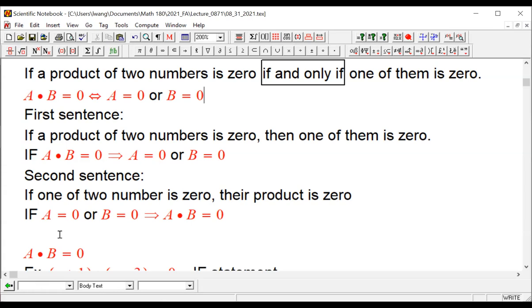In your calculus class, you will also encounter if and only if, and you need to learn how to read it. In some situations, it's only a one-way street. In some special situations, you may have a two-way street. In other words, if you swap the condition and conclusion, it is still true.